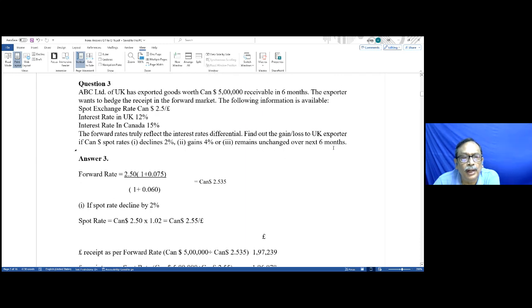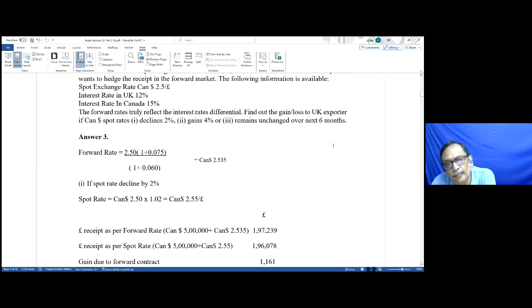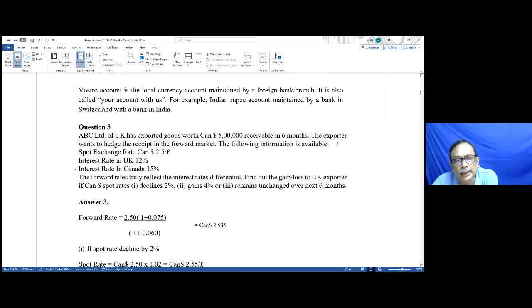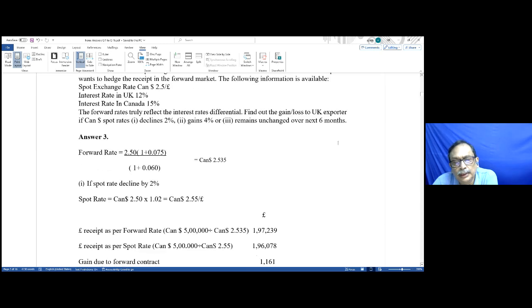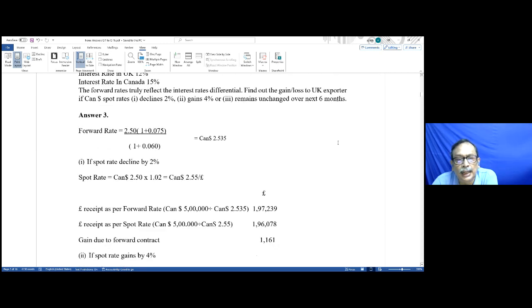So if spot rate declines by 2%, then spot rate will be 2.50 multiplied by 1.02. It comes to Canadian dollar 2.55 per UK pound.